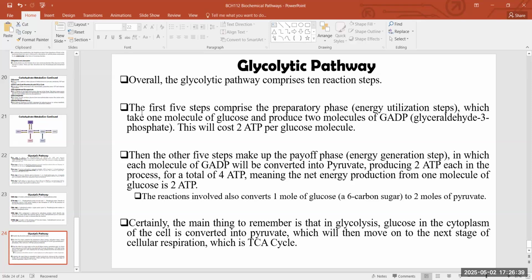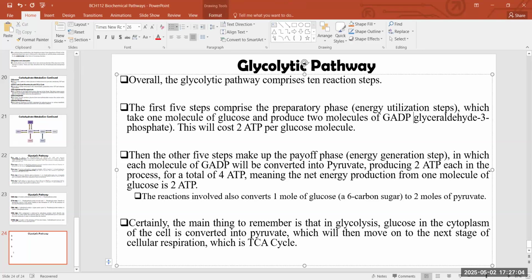Here we explain that the first 5 steps comprise the preparatory phase, or energy utilization steps, which starts with 1 molecule of glucose and produces 2 molecules of glyceraldehyde 3-phosphate. Let me put GADP in brackets so that we know it is the abbreviation of glyceraldehyde 3-phosphate.